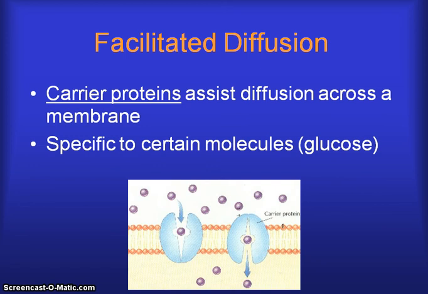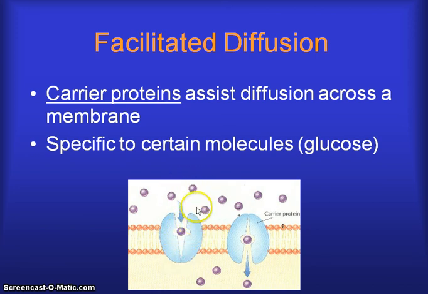Facilitated diffusion is also a form of passive transport, and we're still moving particles down the concentration gradient, so from high concentration to low, but these are going to be usually larger particles that are harder to diffuse normally. So what happens is these carrier proteins that are in the cell membrane are going to help and assist those molecules across.